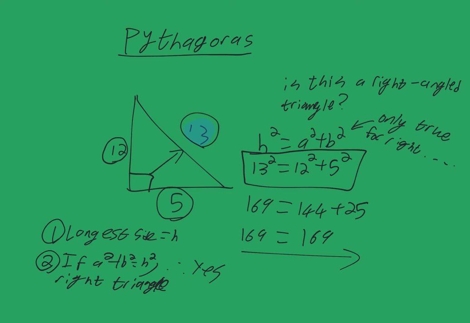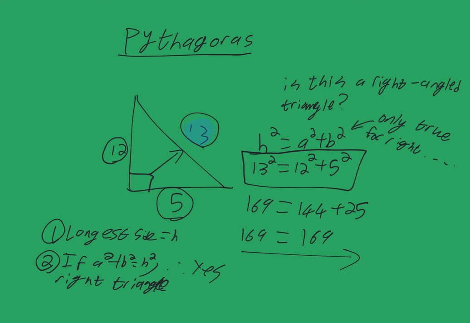So it's quite a useful formula to remember. Just remember the formula: h squared is equal to a squared plus b squared. The longest side will be the hypotenuse. The hypotenuse is also the side that is opposite to the 90-degree angle. And to prove that a triangle is right angled, we just find the longest side and we prove that that squared is equal to a squared plus b squared, where a and b are just the other two sides.